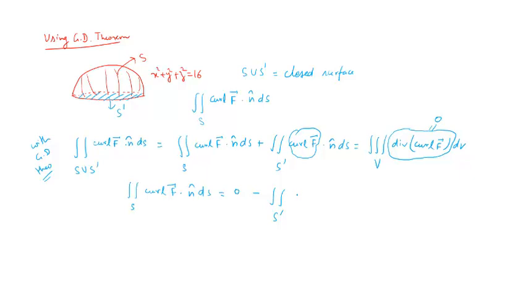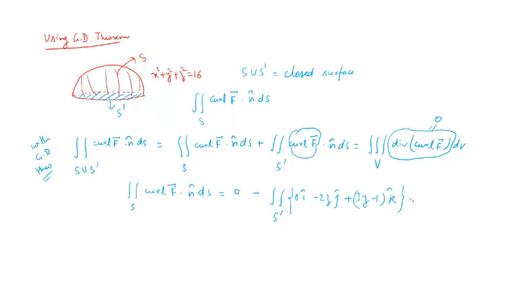Curl F is already obtained, I think. Yes, curl F is 0 i minus 2z j plus (3y minus 1) k.